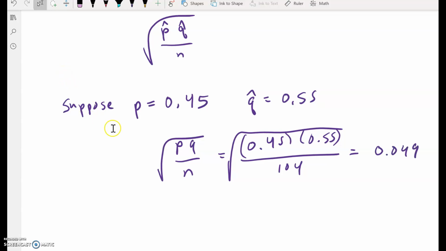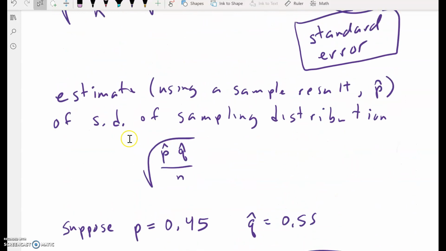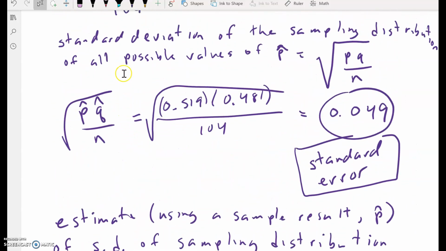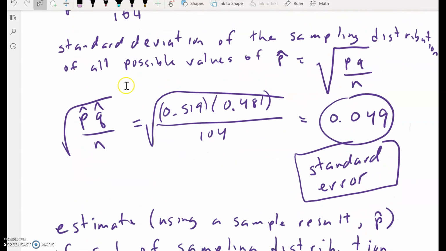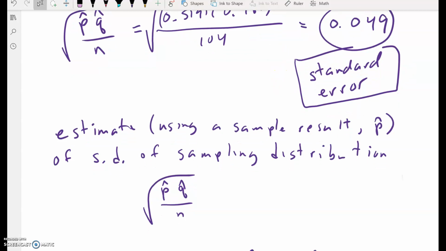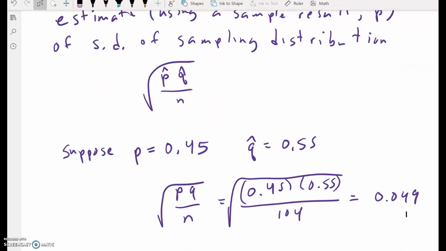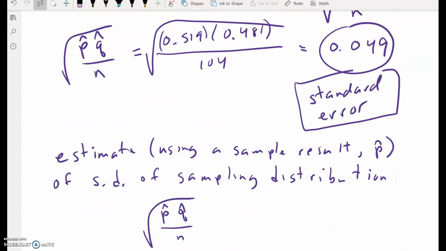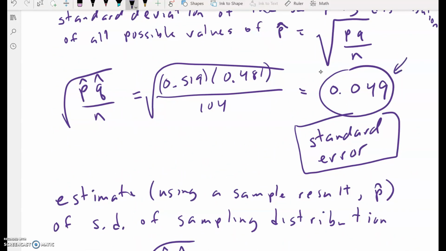And so it turns out that's why using p hat in almost all cases is going to give you a very, very good estimate of the real standard deviation. But we still call it standard error just to remind ourselves. So still we'll use the 0.049 right there.